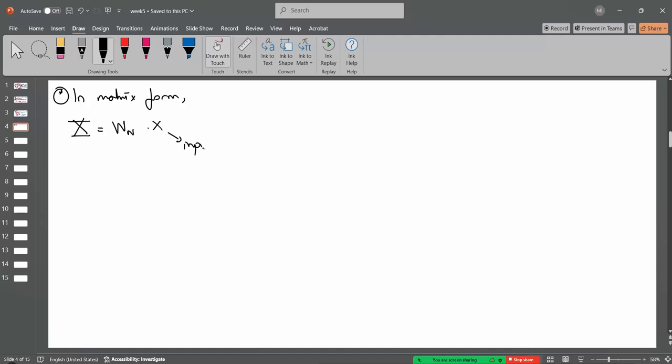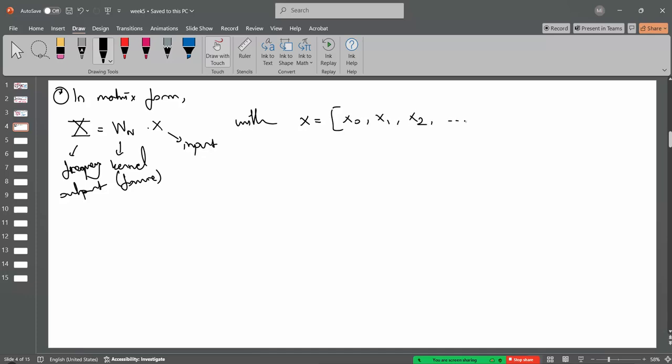This is the input, this is the kernel for the Fourier, okay, this is the frequency output. Okay, with x equal to x0, x1, x2, and so on up to x N minus 1. Okay, this is a time signal, but it's sampled.